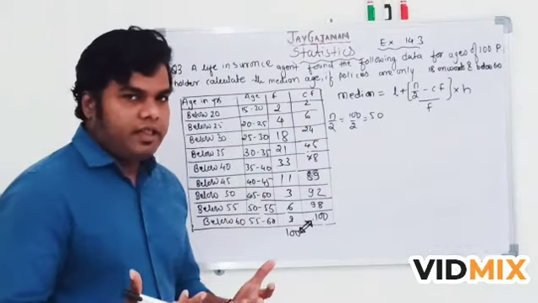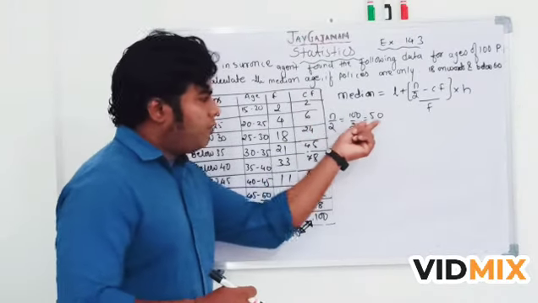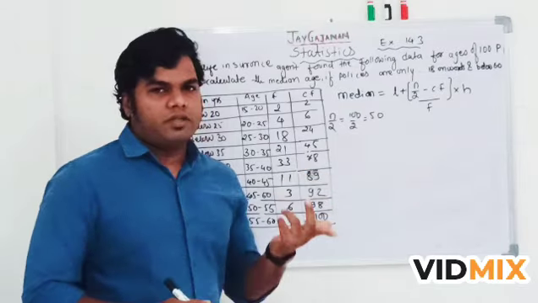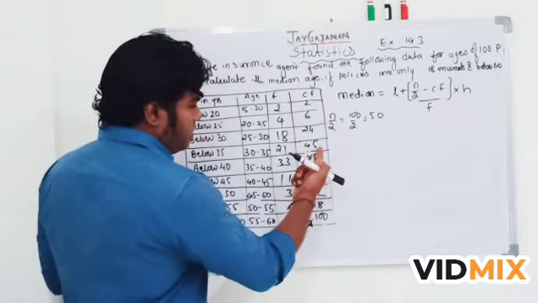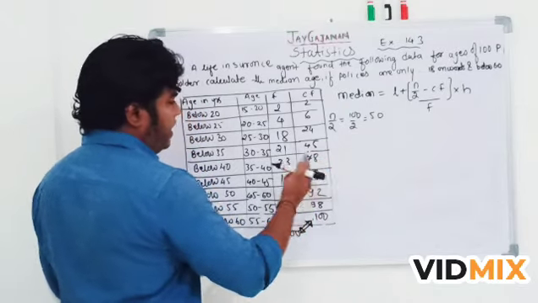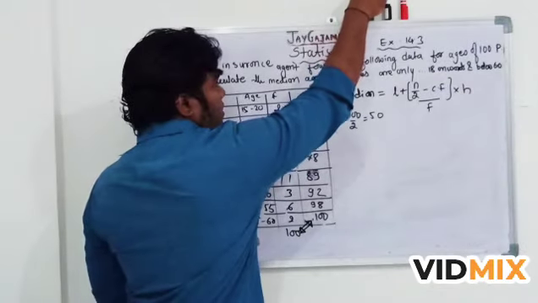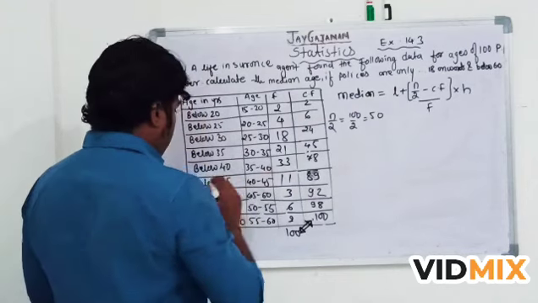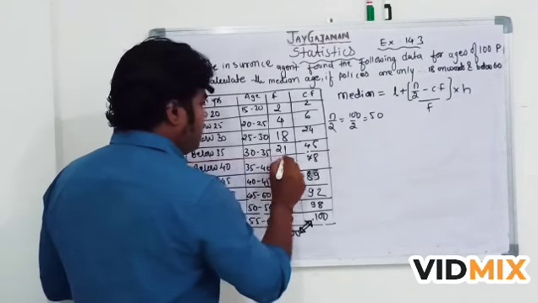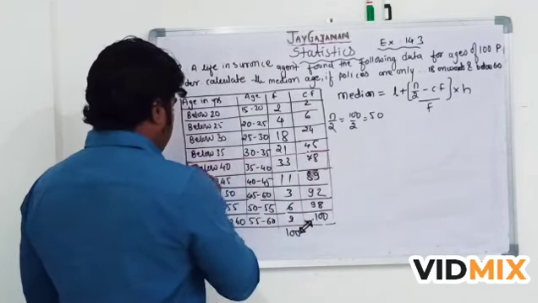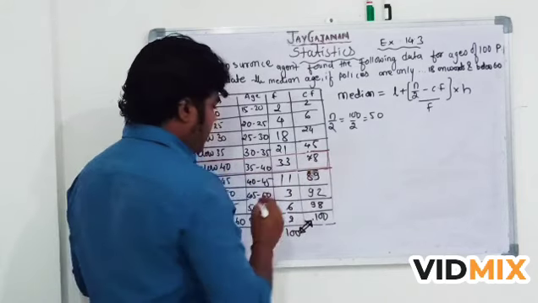Now to identify the median class, we need a value a little above 50. So yes, a little above 50, that is 78. So this will be our median class. Which one? This one. This complete row is your median class.